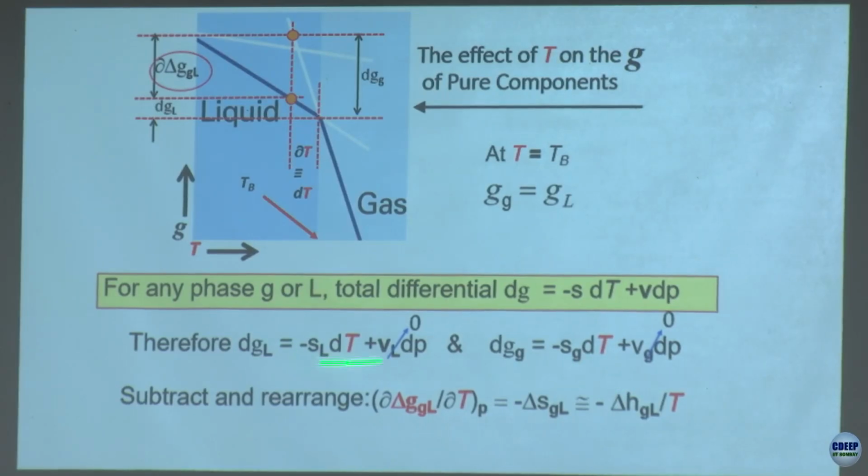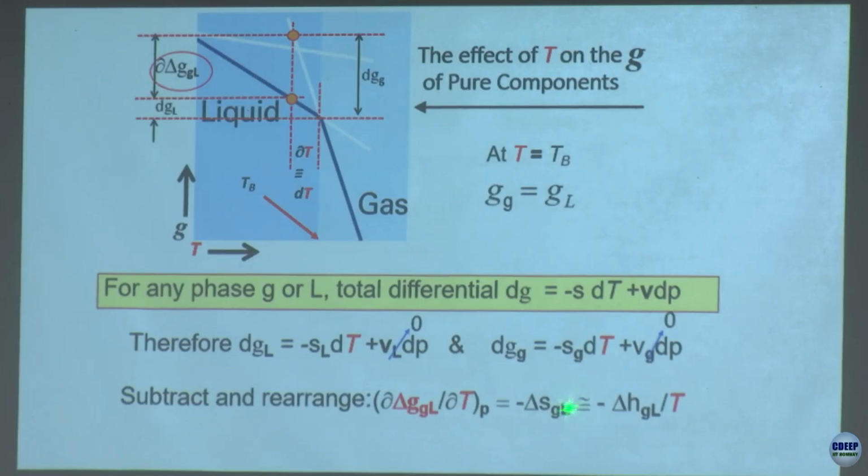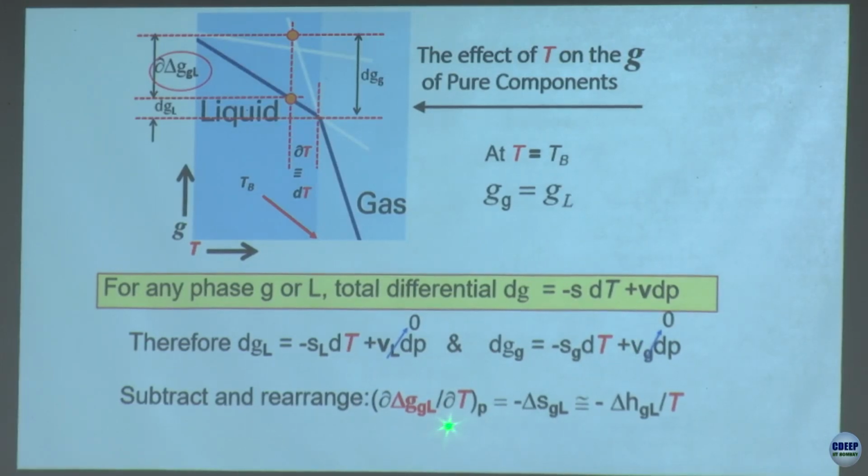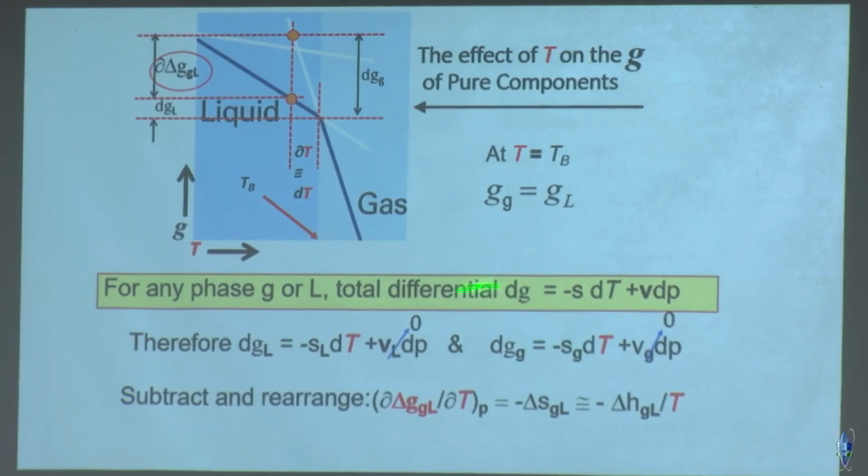So if you subtract the two and rearrange, you get the T on the denominator here. So the two differences are really nothing but the difference between the entropy of the liquid phase and the entropy of the gaseous phase.